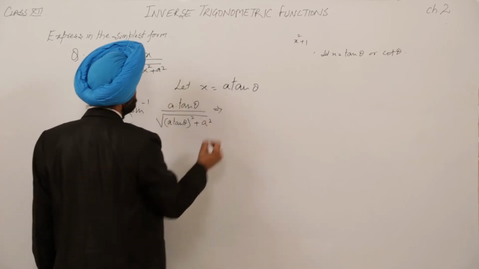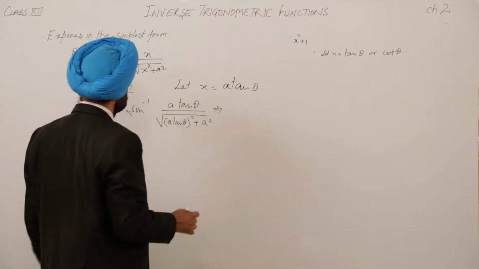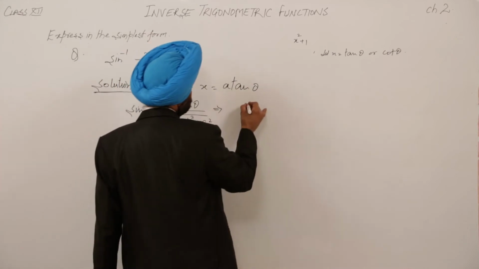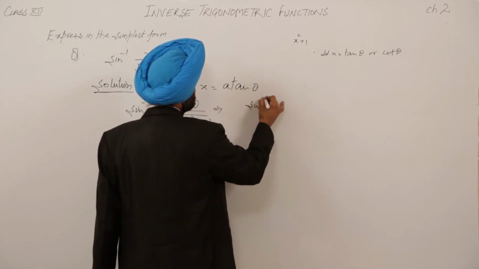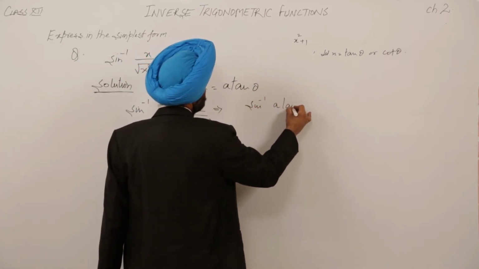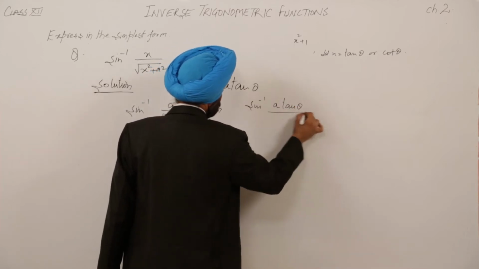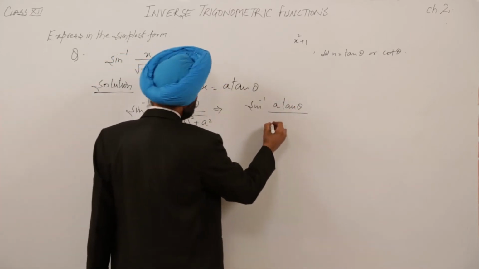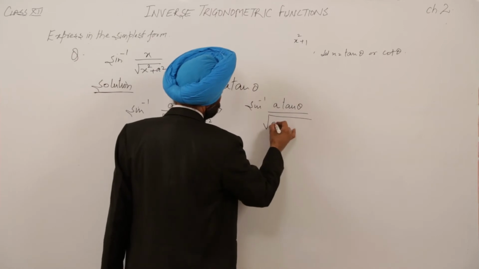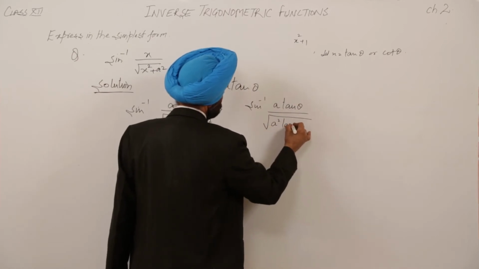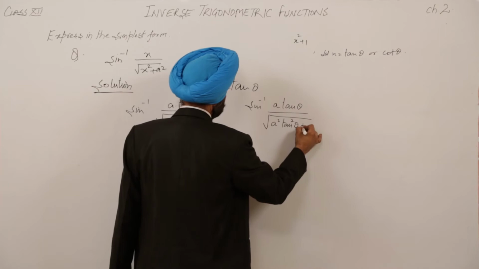Now what does this become? It becomes sine inverse of a tan theta upon, can I write like this, the square root of a square tan square theta plus a square.